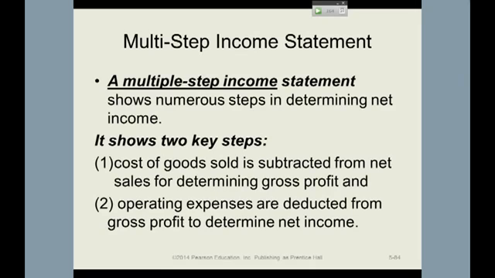And in a multi-step, you have lots of steps, but the two key steps are to come up with these subtotals. Cost of goods sold is subtracted to come up with the gross profit. And as I said, gross profit is a critical measure for a business to keep track of its success or potential failure if you think about gross profit margins over time, and operating expenses are then deducted.